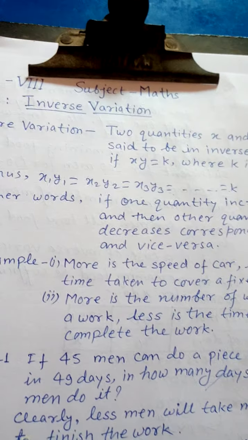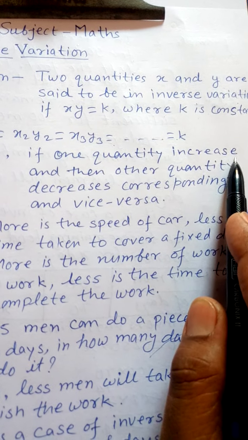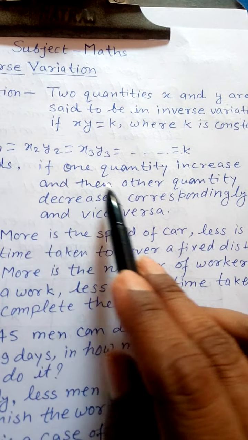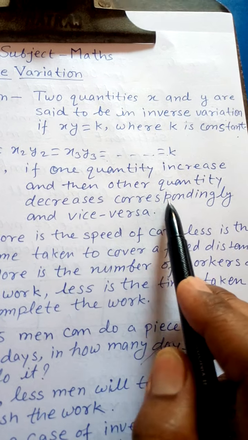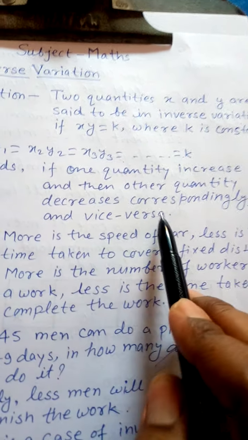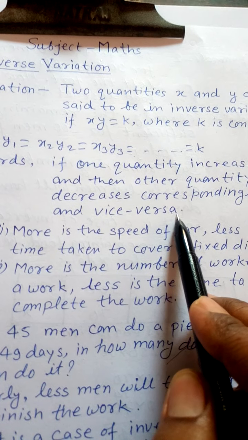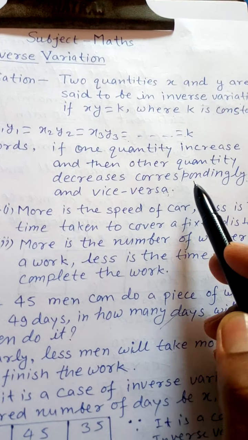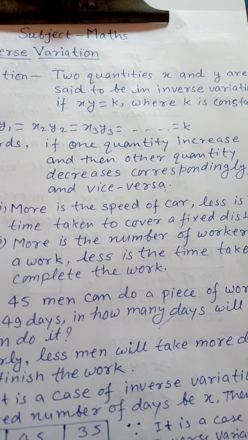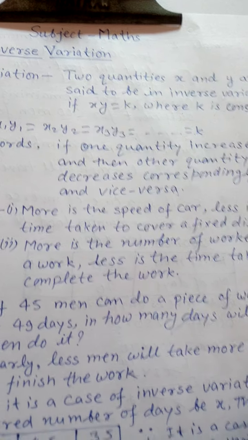In other words, we can say that if one quantity increases, then the other quantity decreases correspondingly, and vice versa, which means the converse. Students, you can understand easily by taking some examples.